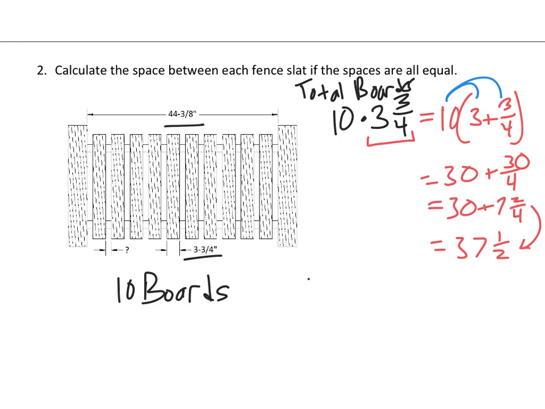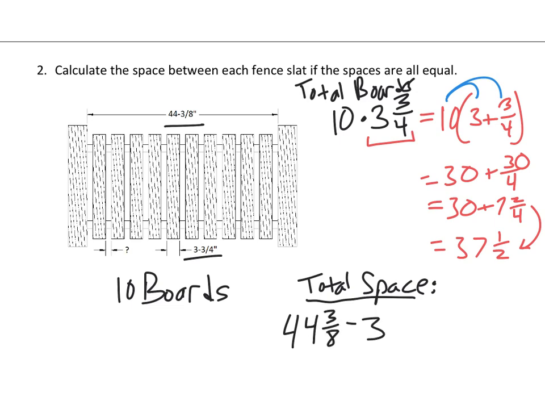Let's find the total space, the leftover space when we take out all those boards. So all of these in between marks here, what is the total of all those? The total space here, well, between the posts we have 44 3/8, and we'll take away 37.5.